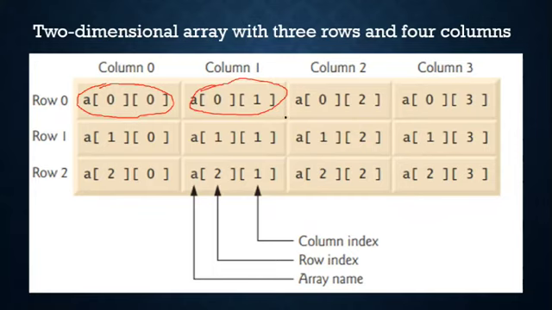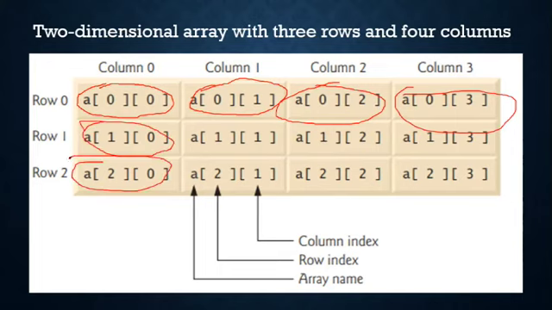And we have here row 0, column 2, and row 0, column 3, and so forth for the other rows. Always remember, the first index is the row index, and the second index that you have to specify is the column index. Since it is two-dimensional, you have to specify both the row and the column.